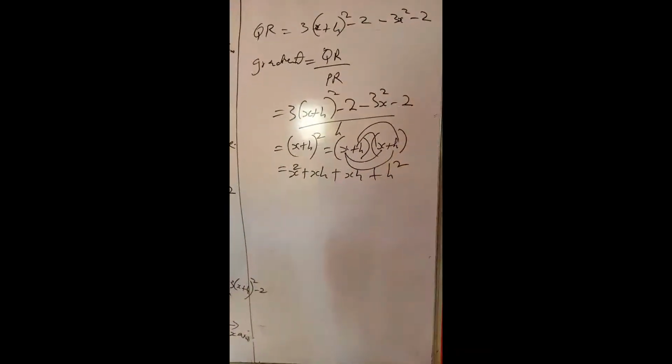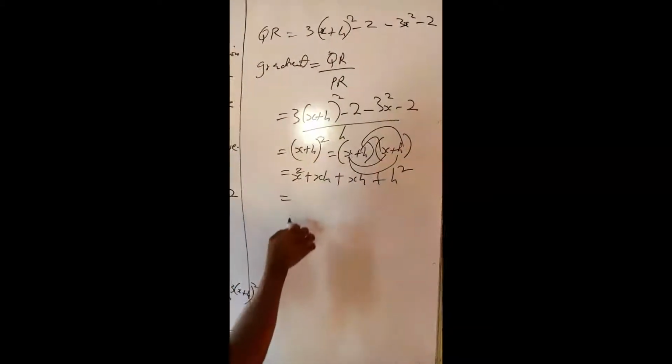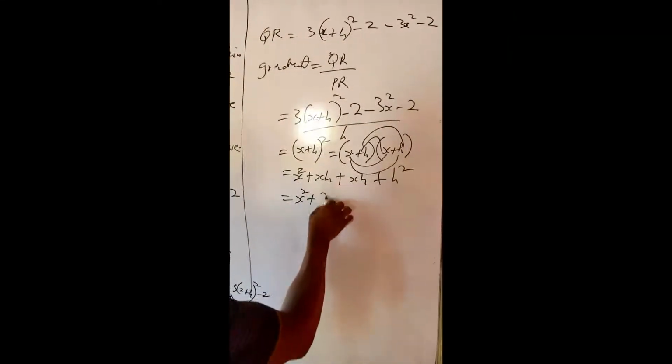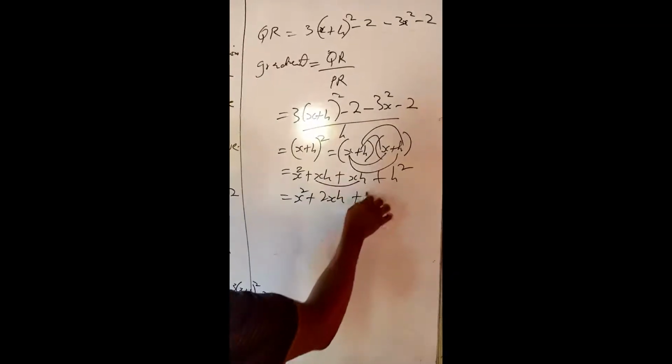So that's how you expand your factors. If we add them together, you are going to have x squared plus 2xh plus h squared.